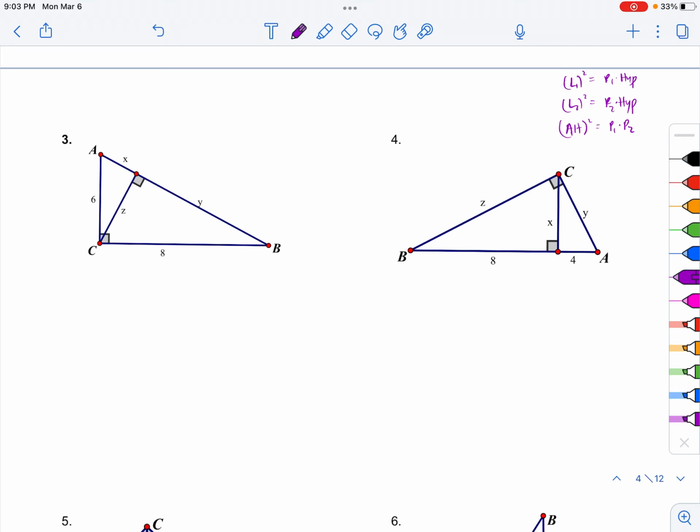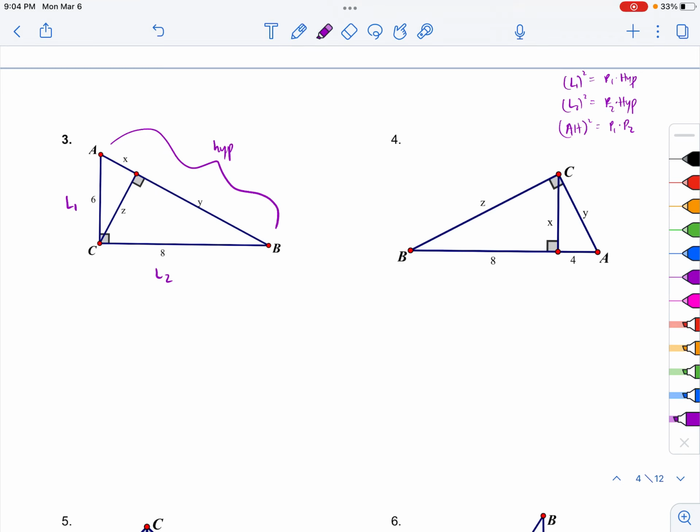Looking at number 3, this one is particularly interesting for a couple reasons. So let's break this down. We have a leg, because we identify our hypotenuse first. This is our hypotenuse. We have leg 1. We also have leg 2. And that's all.